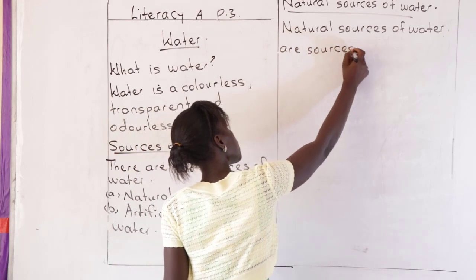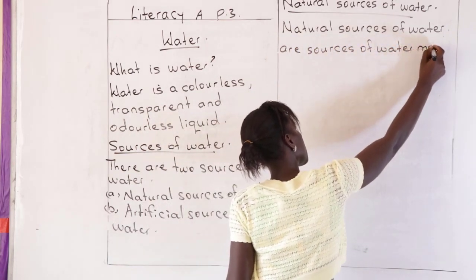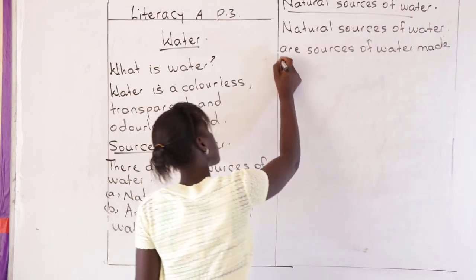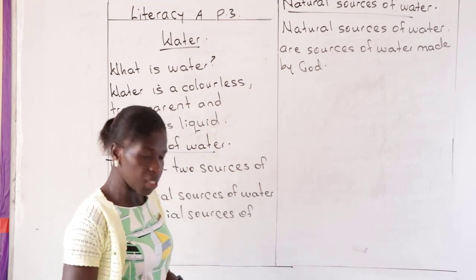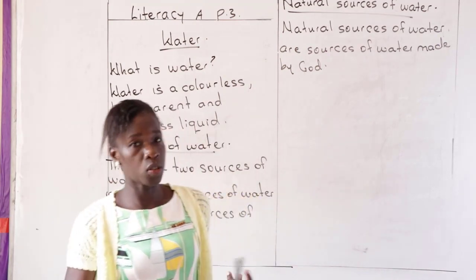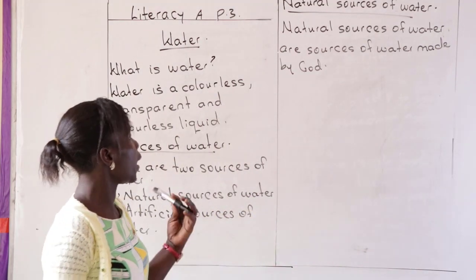Natural means God made. That's why we are saying natural sources of water are sources of water made by God.